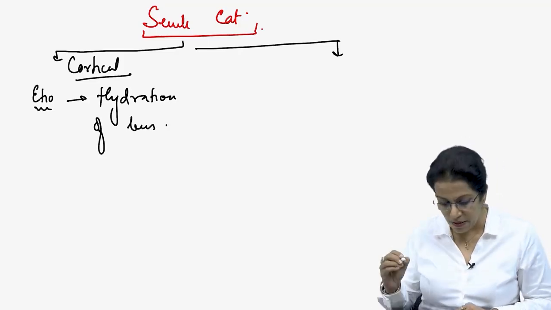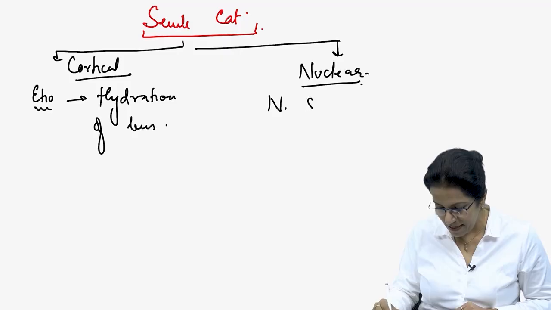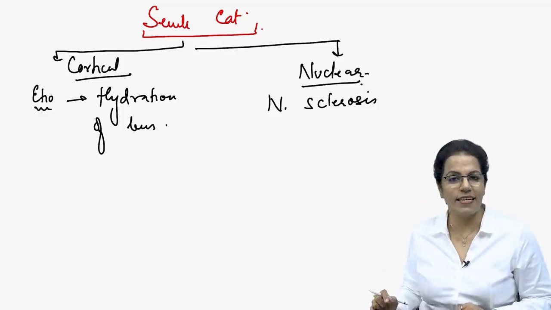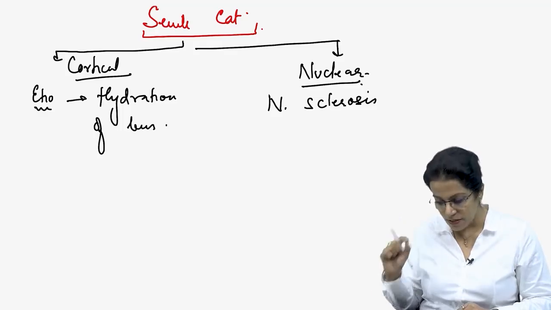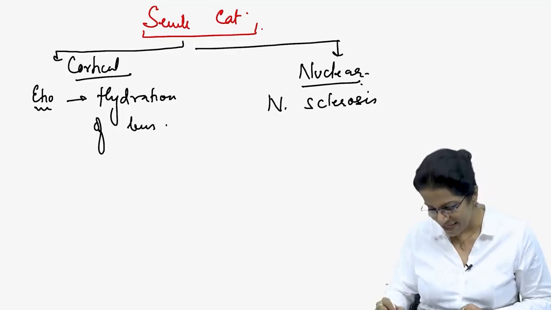Whereas, when you talk about nuclear cataract, again learn along. This time the etiology of the nuclear cataract is nuclear sclerosis. Now, what is sclerosis? Sclerosis is just hardening of the nucleus, right? What exactly is happening in this hardening of the nucleus? Why is there hardening? This is important.